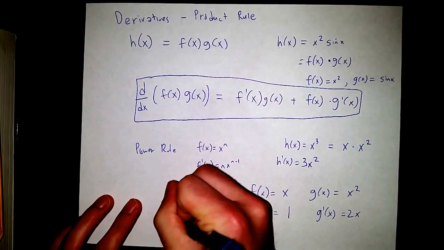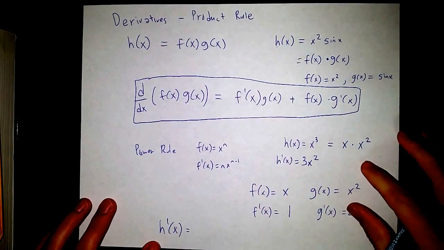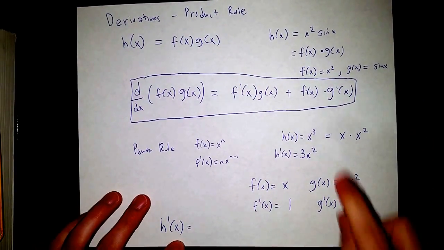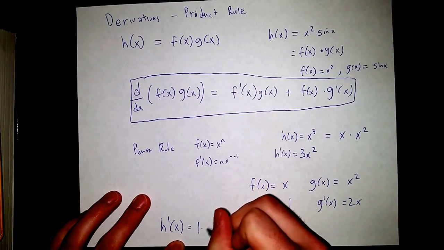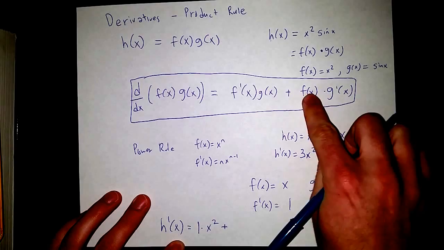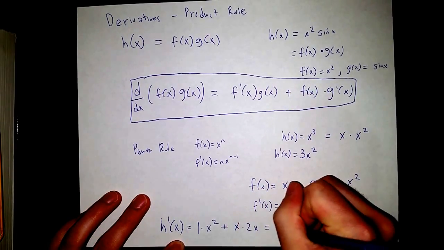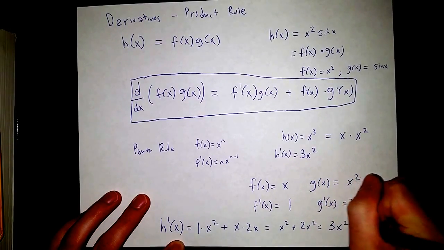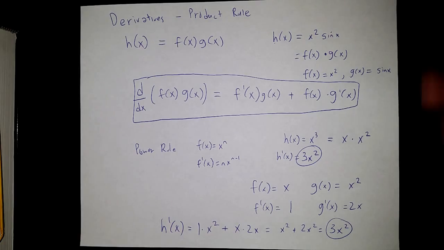So h prime of x is equal to one times x squared plus x times 2x, which equals x squared plus 2x squared, which equals 3x squared. Ties out. Look at that. Perfect.